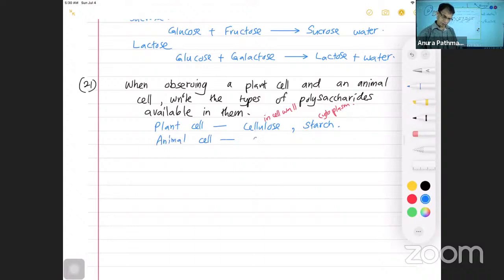Glycogen granules in the cytoplasm. You don't have starch granules in an animal cell, and the same way you can't have glycogen molecules in the plant cell as well.